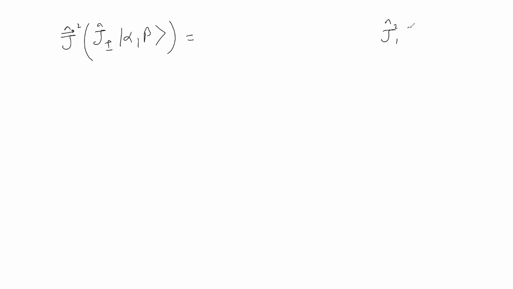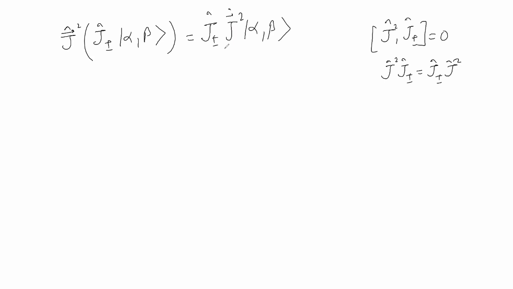Now you see, we have just written that the commutator of J square and J plus minus is equal to 0, meaning J square J plus minus is equal to J plus minus J square. This implies I can write J plus minus J square alpha beta, and J square alpha beta is alpha h cross square alpha beta.